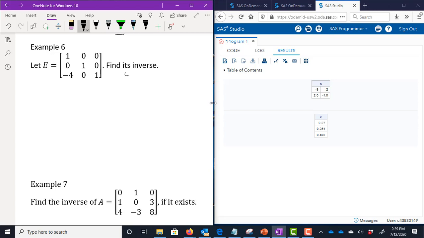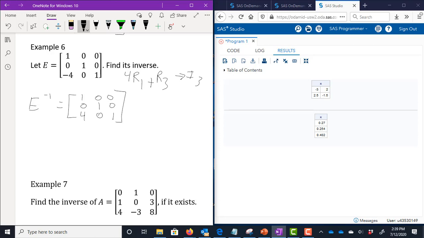That being, we take 4 times the first row, add it to the third row, to get that identity matrix. So, the inverse of E takes almost the same exact matrix, so 1, 0, 0, 0, 1, 0, just this negative 4 here is going to be a positive 4. Positive 4, 0, and 1, as opposed to negative. That's the only difference.